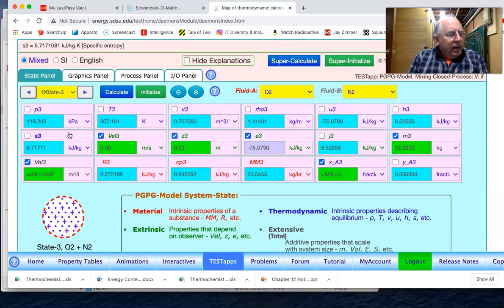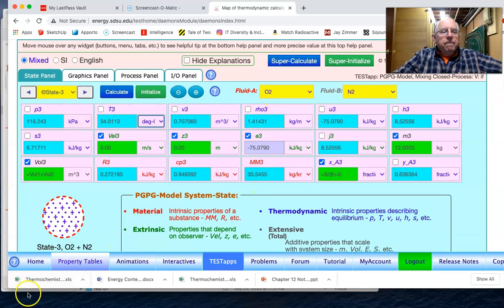Since it started out with the oxygen at 100 and the nitrogen at 180, and there was a little more oxygen than nitrogen, the final pressure is weighted toward the 100. So the answer to this question is that the final mixture temperature was 30.01 Celsius, and the final pressure was 118.2.